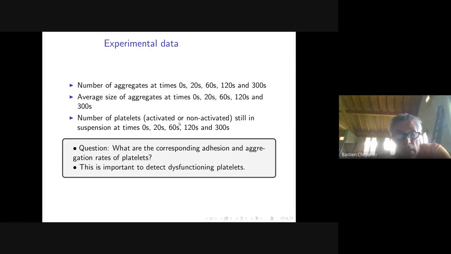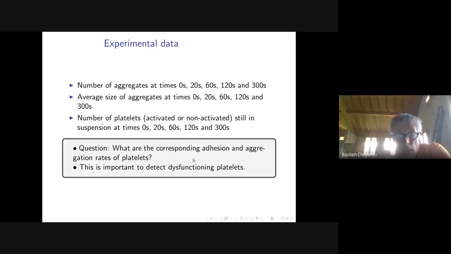But what's also very interesting is that we can measure the number of platelets still in the bulk at the same time. And the question we would like to ask from this pattern that we detect: can we get the adhesion and aggregation rate of platelets? Because if they are starting to dysfunction, these are the values that are likely to be affected by some disease.